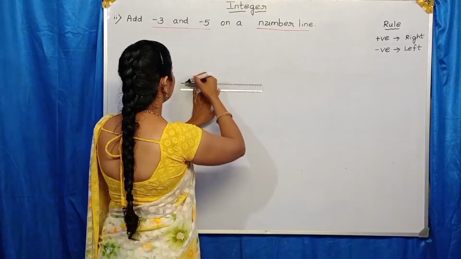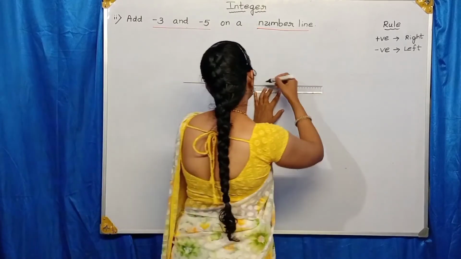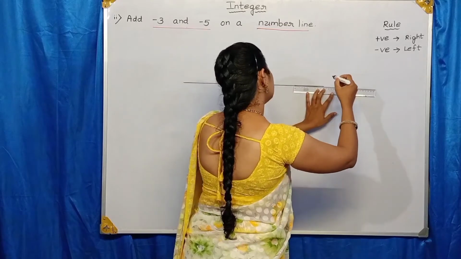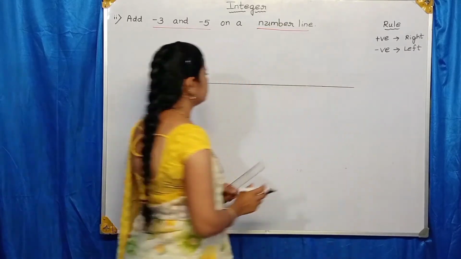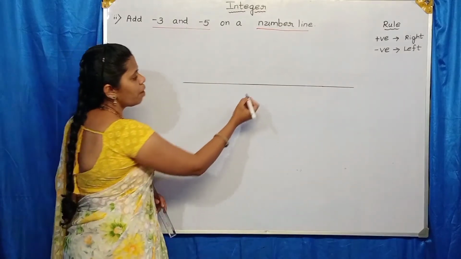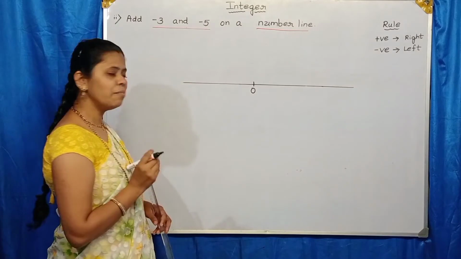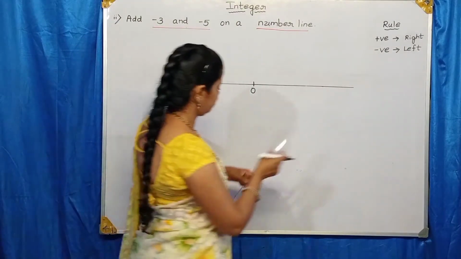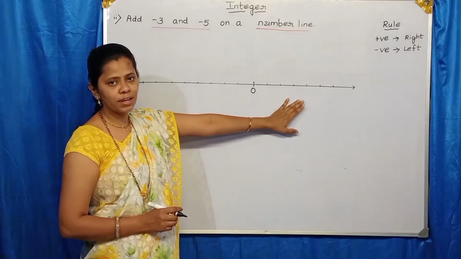Draw a line. Mark the middle point 0 and mark each point equidistant from one another. We have marked the points equidistant from one another.